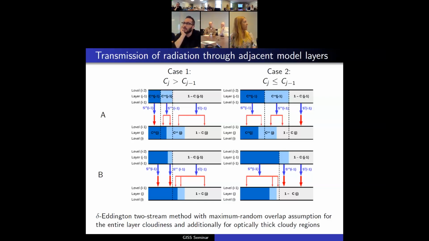I have not estimated this. So here, what I was doing, this scheme shows transmission of radiation to adjacent cloudy layers, and I have simply divided these fluxes in accordance with the sizes of individual regions. The question is also, is it really correct to do this?